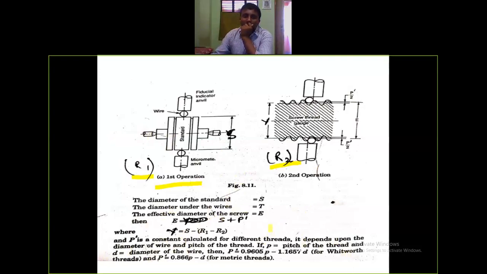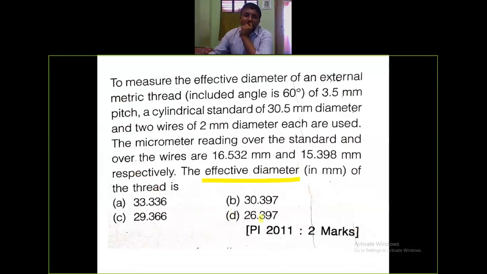In this particular figure, E will be equal to Y plus P dash. So from the calculation you will find the correct answer. The correct answer is B.